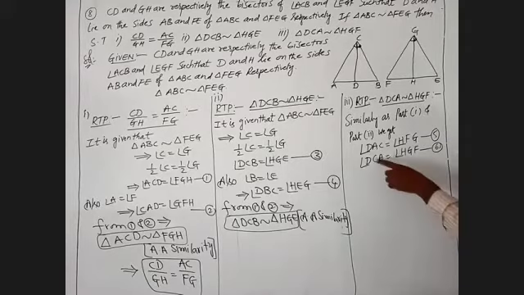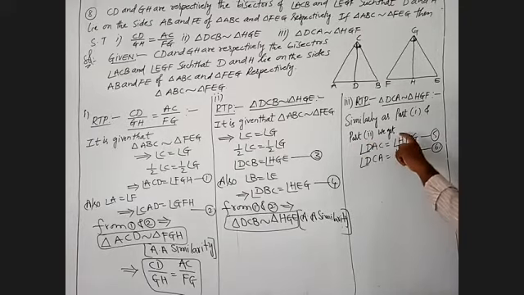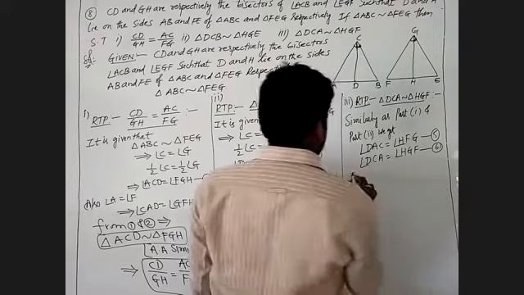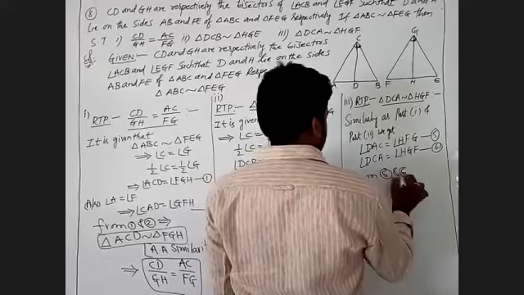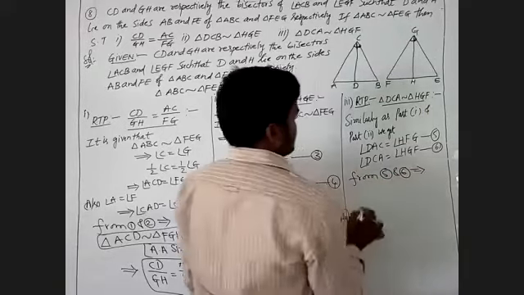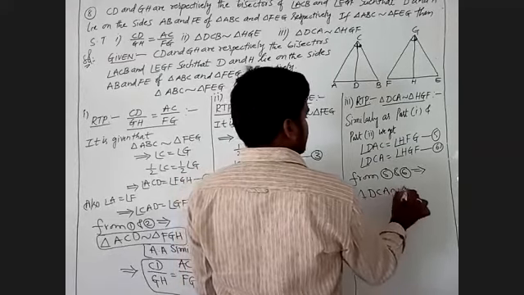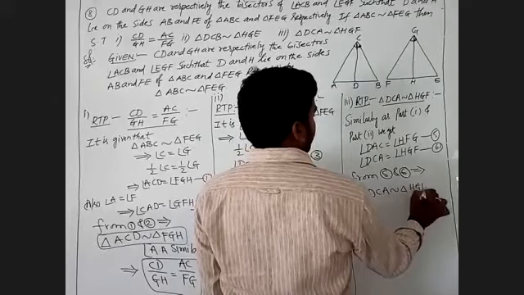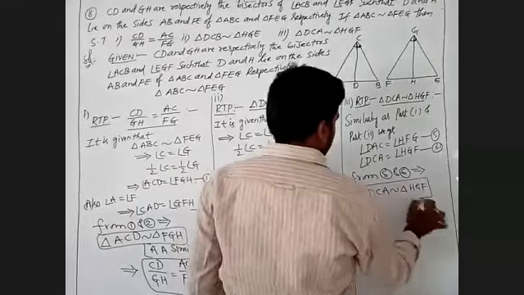Angle D is equal to angle D, angle A is equal to angle C, angle C is equal to angle A. Here one common angle is there, and here also one common angle. Both are equal. From 5 and 6, I have written triangle DCA is similar to triangle HCF.